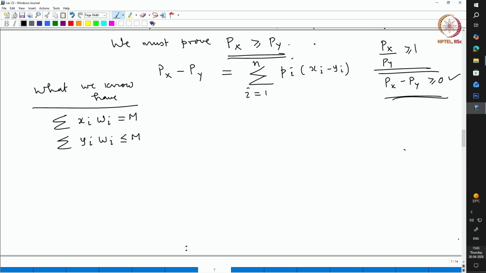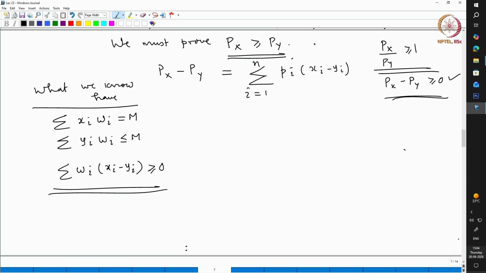So, when you subtract, sigma wi times xi minus yi is greater than or equal to 0. This is what we have. You subtract, okay. Then this is what we have, but this is what we want to show.